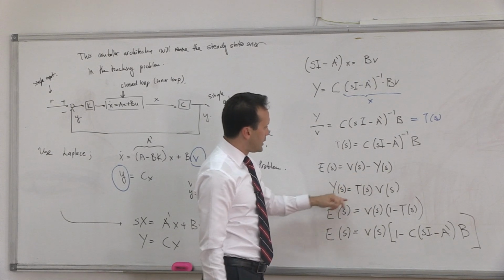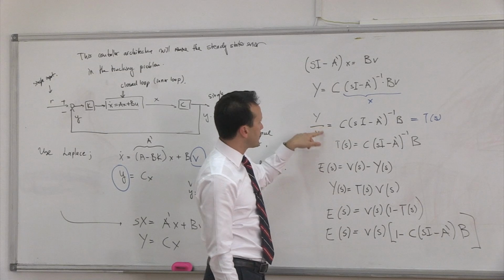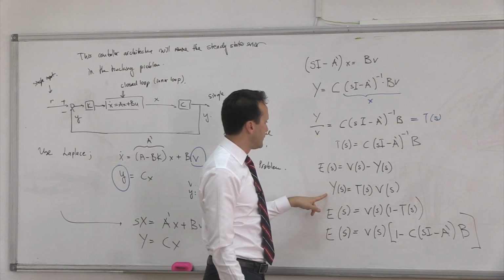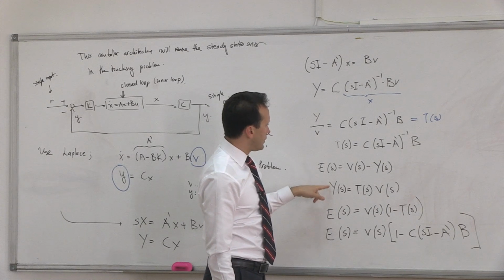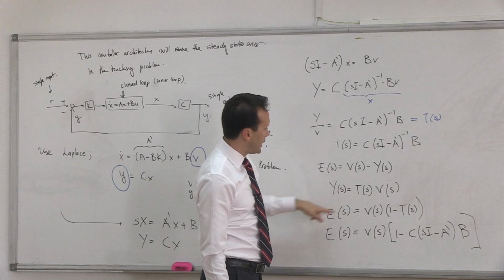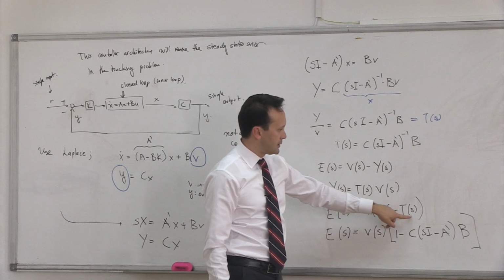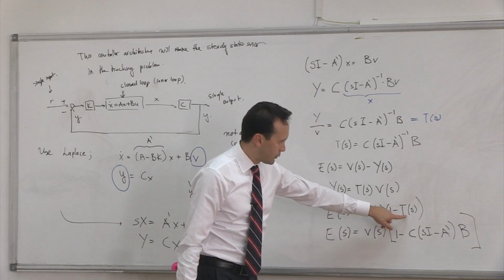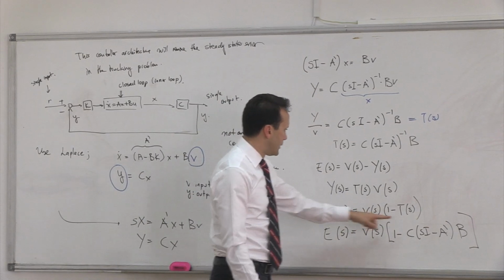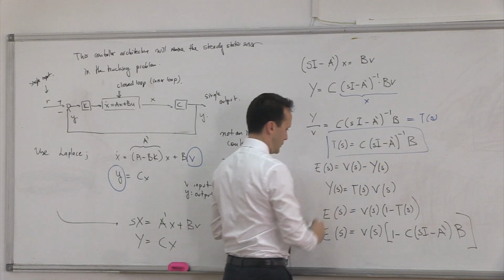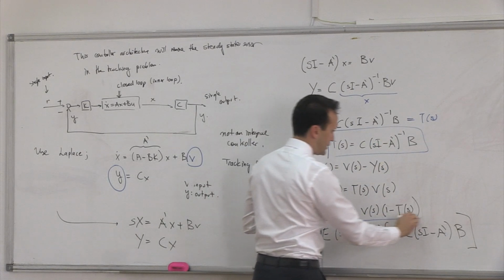So Y of S is the transfer function times V. That comes from here. Transfer function times V is equal to Y. And then if you write it, the error dynamics will be like this. E of S is equal to 1 minus T of S times V of S. And at the end, in terms of T of S, if you write what we have found here, you will find the error dynamics that look like this.